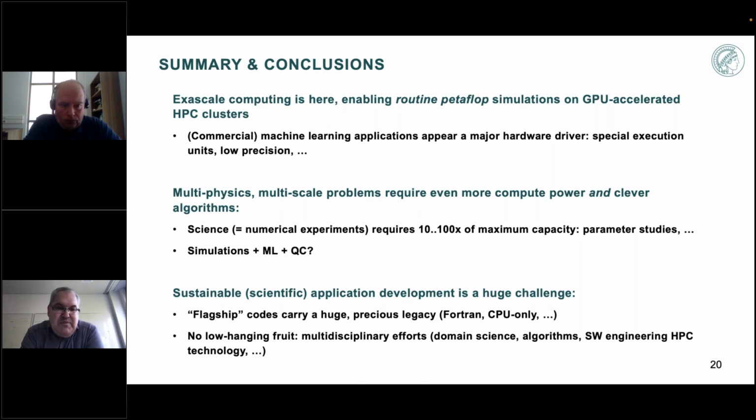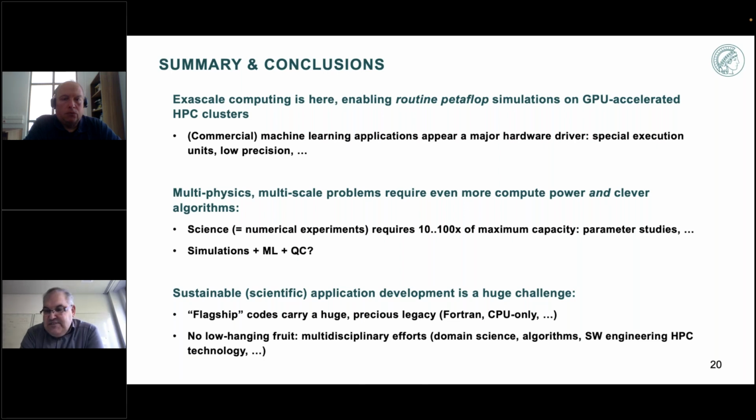HPC is not a market that drives technology, at least not to a large extent. The commercial drivers, particularly for hardware development, come at the moment from machine learning and artificial intelligence.